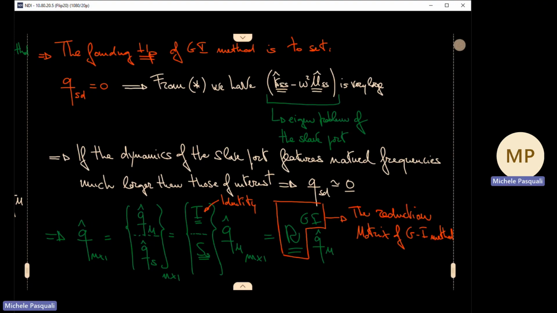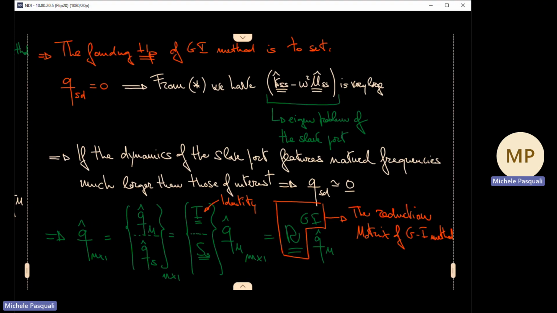Okay? So we have derived the matrix that allows us to pass from the vector Q, which is n times 1, to the vector QM, which is m times 1, with m much smaller than n, resorting to this matrix R, which is the reduction matrix of the Guyan-Irons method.